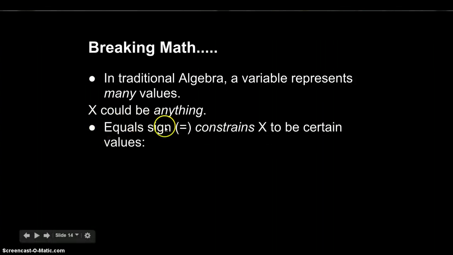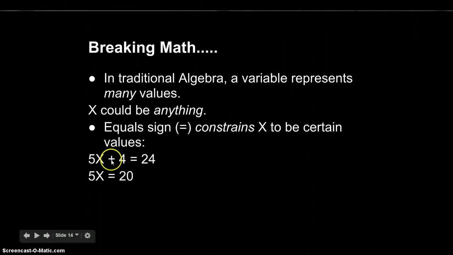And what we'll do is we'll assume that both sides of an equal sign have to be true. Okay? So if this side is 24 and we say that 5x plus 4 is equal to 24, then we'll assume that this is a true statement. And therefore, x is going to be constrained by the equal sign to only be values that make this true. Okay?